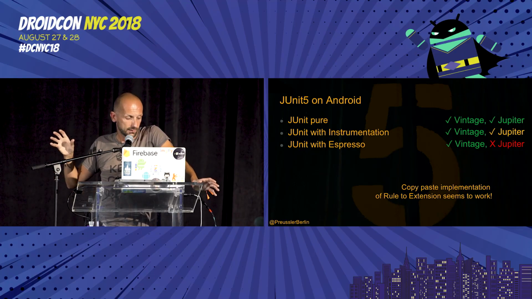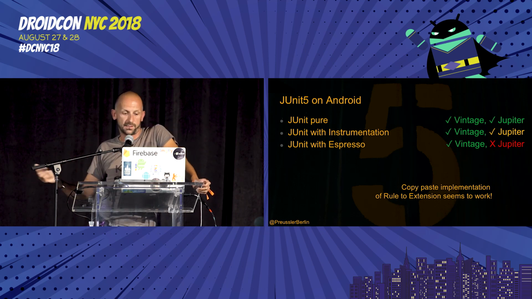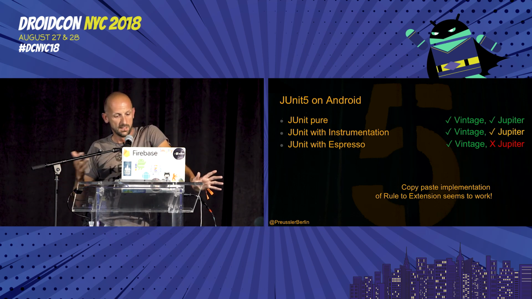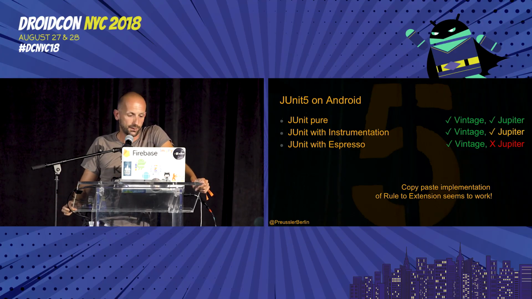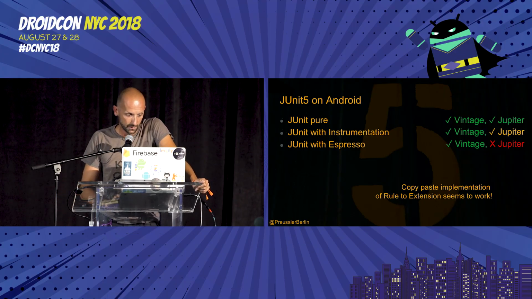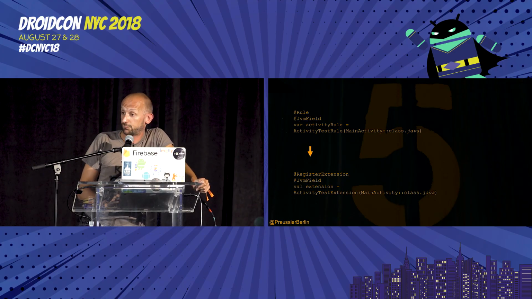I will look into this, because I have problems running SDK 26 with Espresso tests. So I couldn't get it working before the conference, but as I have it on a POC project, I'm pretty convinced it will work. So this is what I changed. The ActivityTestRule I changed to my ActivityTestExtension.